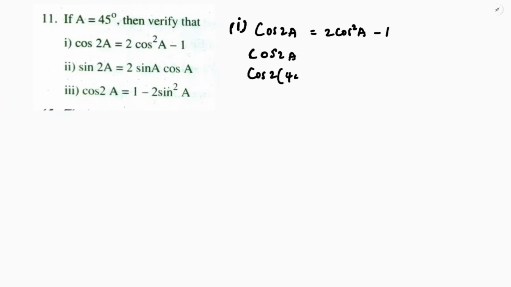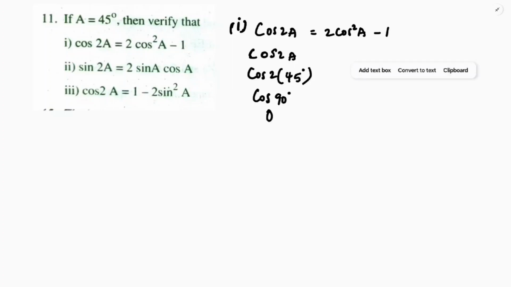If a equals 45 degrees, then verify that cos 2a equals 2 cos square a minus 1. You can do it simultaneously or separately. Take LHS, cos 2a. So cos 2 times 45 degrees is cos 90, and the value of cos 90 is 0.